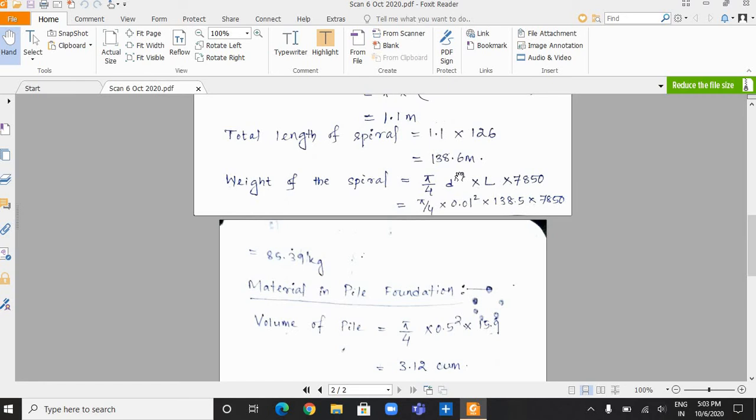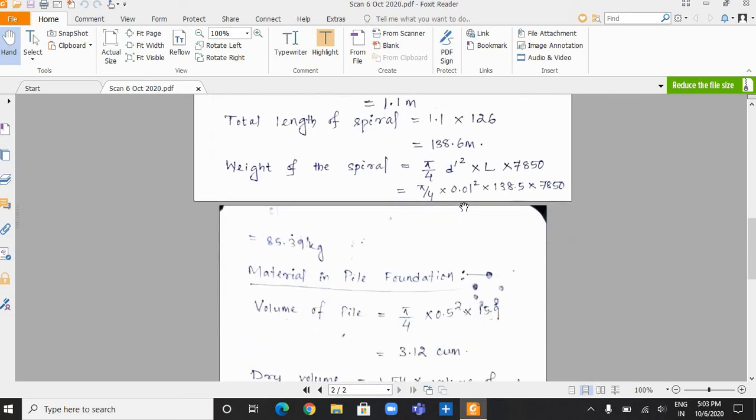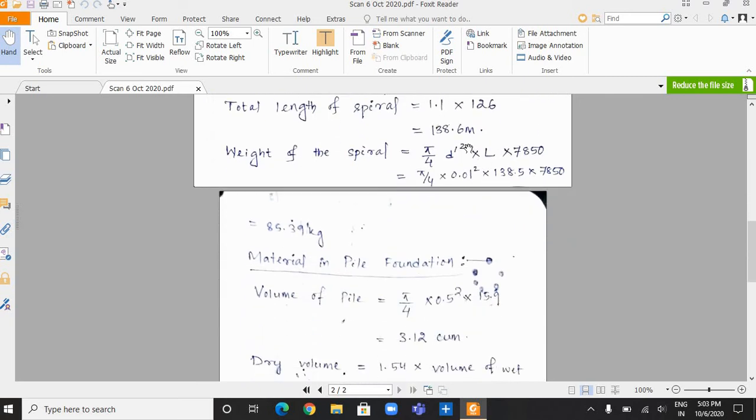Don't get confused between this L and this L. This L is the total length of the steel, while here L represents the total length of the spiral, multiplied with the unit weight of steel. So pi by 4 multiplied with 0.01 square multiplied with 138.6 multiplied with 7850, which is equal to 85.39 kg.